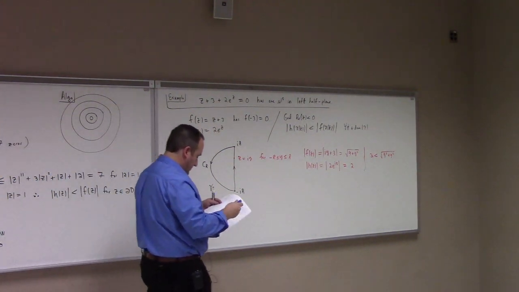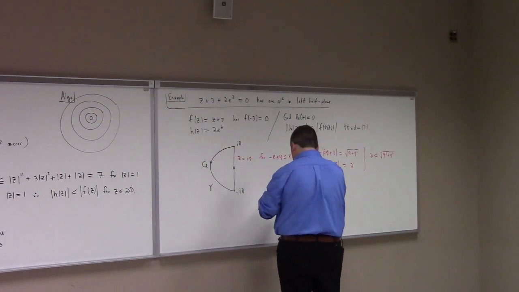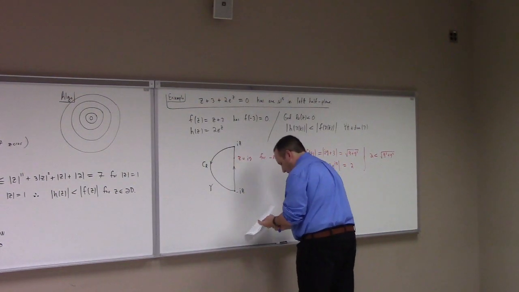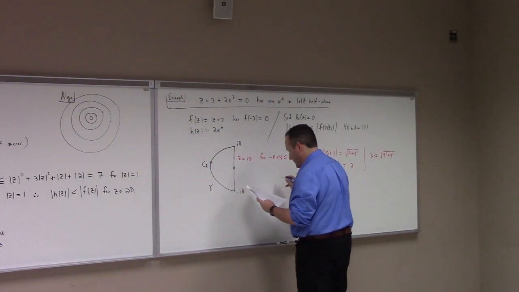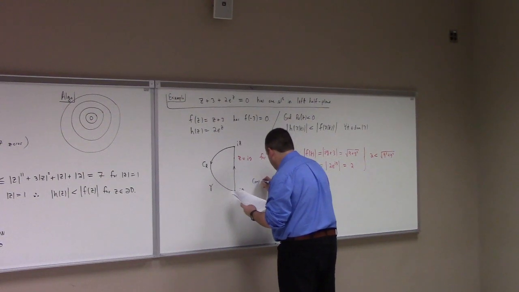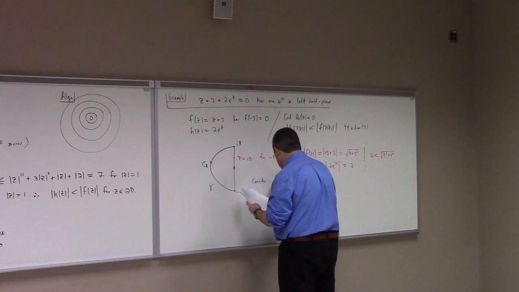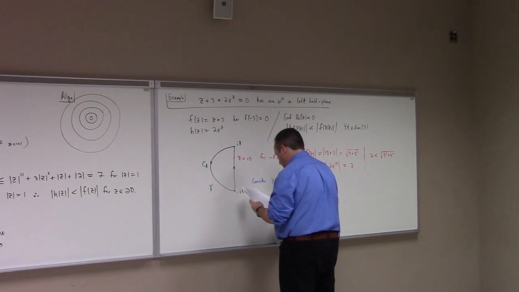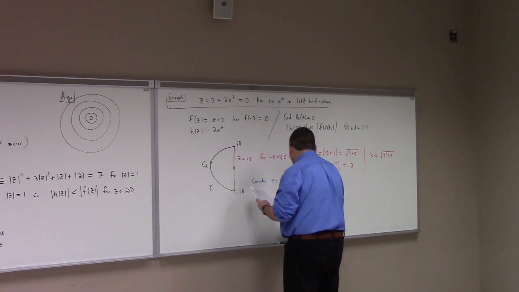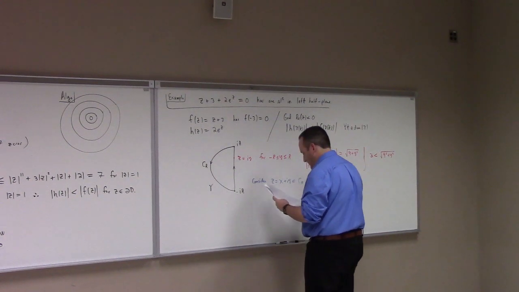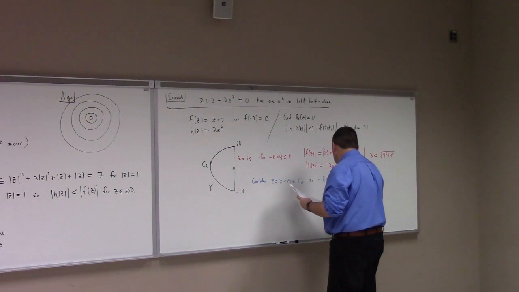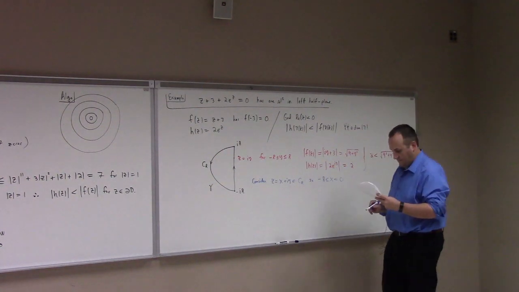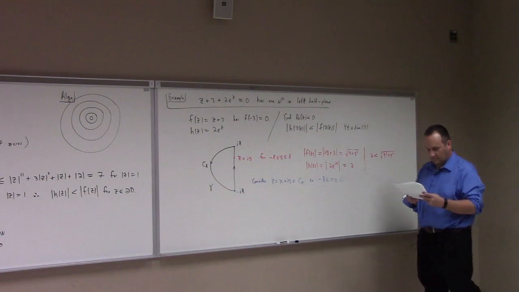So I say, next up, we will consider z equal to x plus iy in CR. So I say minus r is less than or equal to x, less than or equal to 0, I suppose.